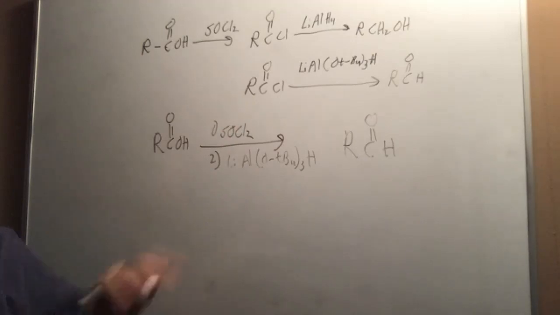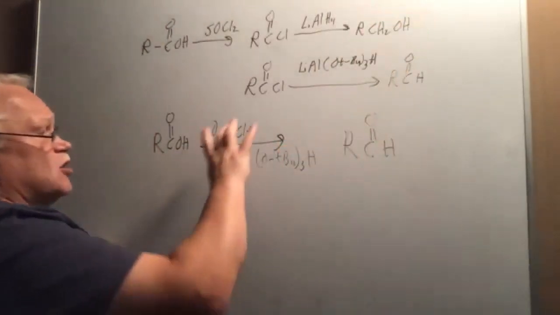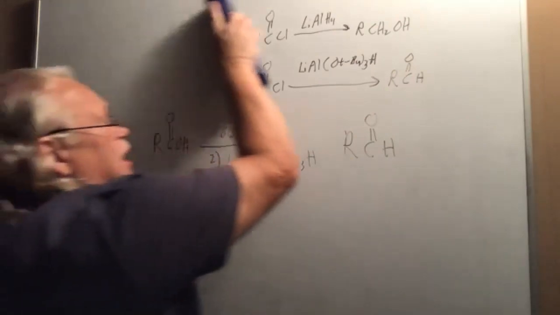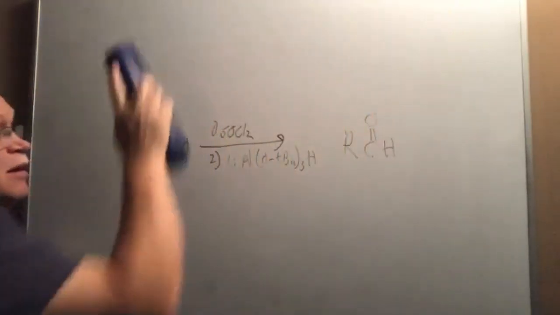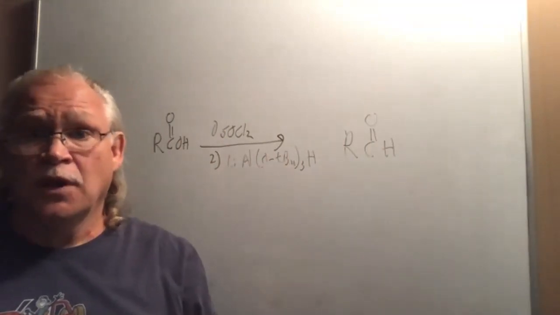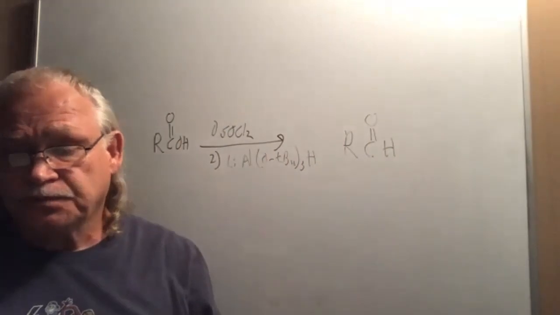Okay? So again, when you make your note card out, you could make the note card with the individual reactions, but these two reactions are oftentimes used together, and it's the only way to turn a carboxylic acid into an aldehyde that we know of. So again, you have all these on your note cards.